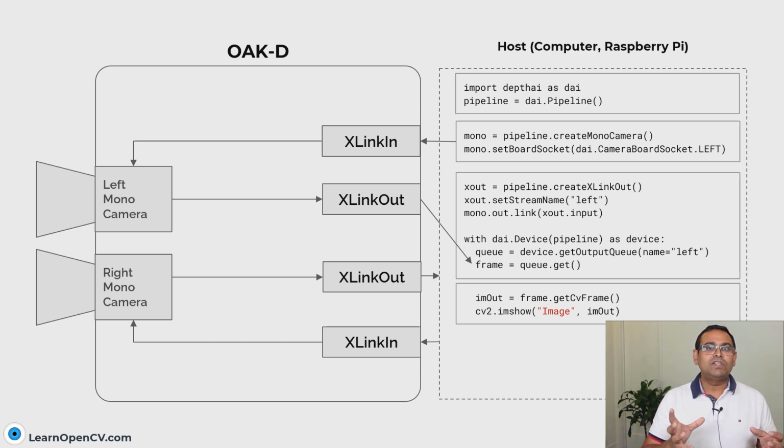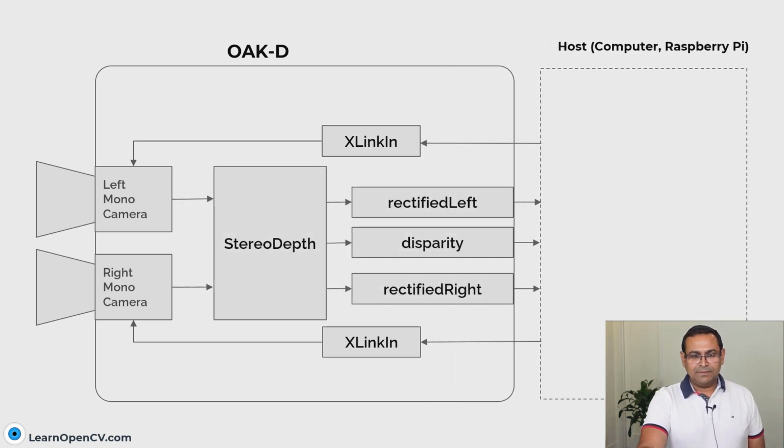A pipeline consists of nodes. Nodes have inputs and outputs. For example, the mono camera is a node which outputs the mono image, and these nodes can be connected to form the pipeline. So let's see what the pipeline looks like for stereo vision. As we can see, the left camera gets its input through this X-link.